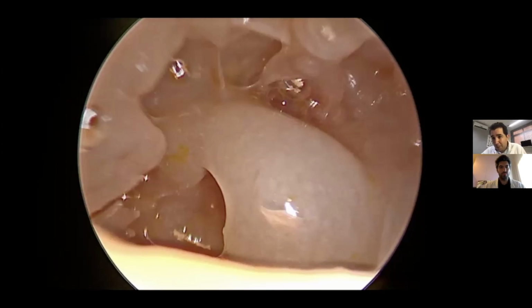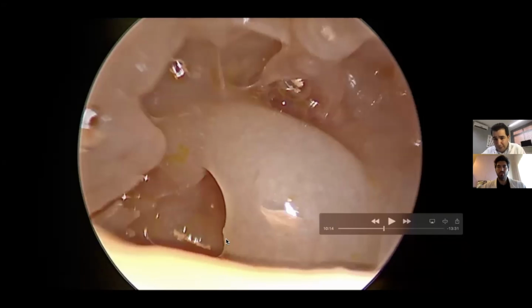But endoscopically, we have described with our friends from Italy the infracochlear approach, using the subcochlear canaliculus when it's present and going from the middle ear all the way to the petrous apex, preserving the cochlea and the hearing of the patients.